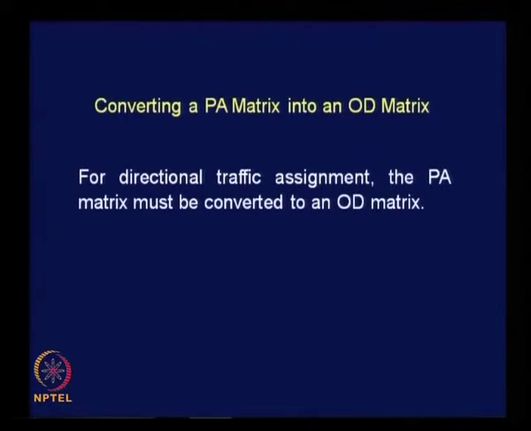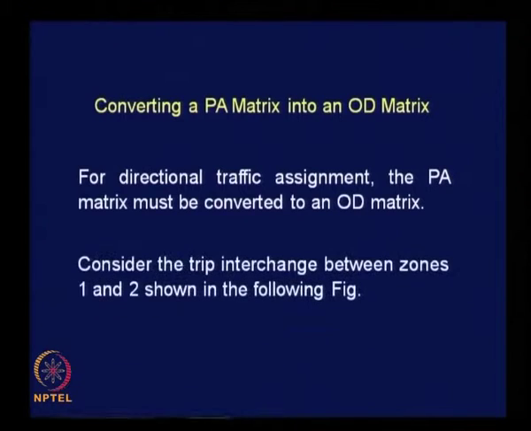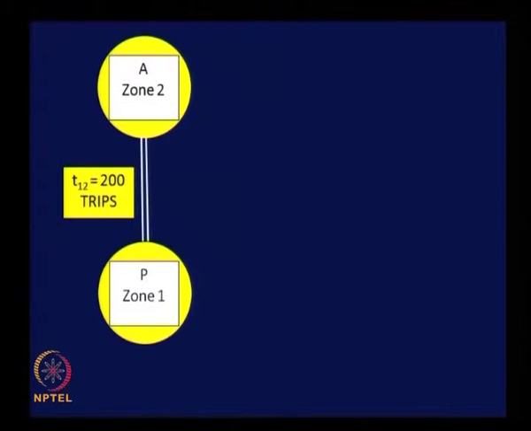For directional traffic assignment, as I said, the PA matrix must be converted to an OD matrix. Let us consider a very small example, trip interchange between zones 1 and 2 as shown in the following figure. Let us say this is the production attraction information, PA information.